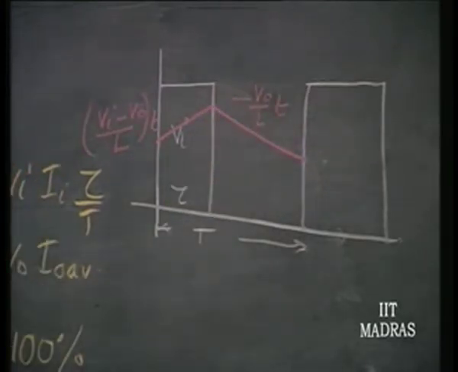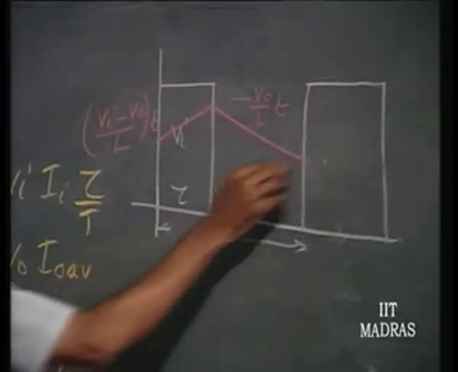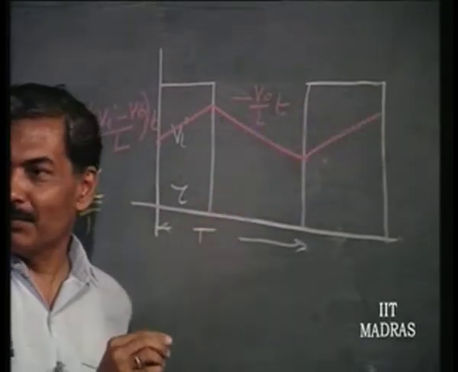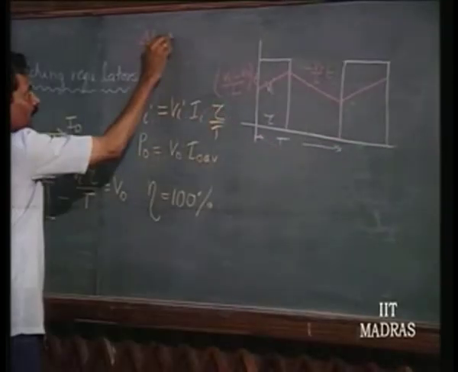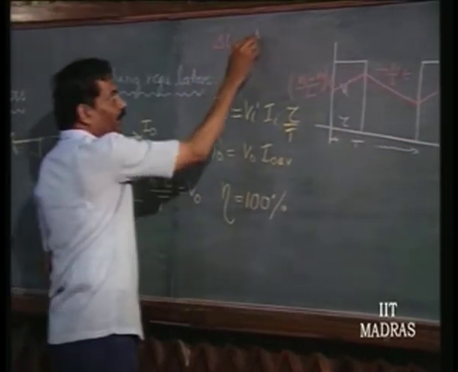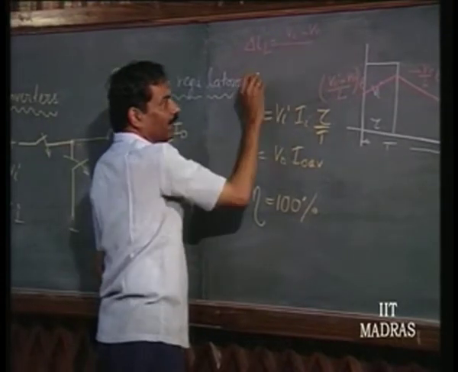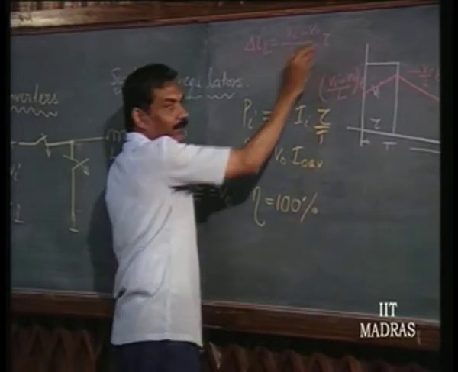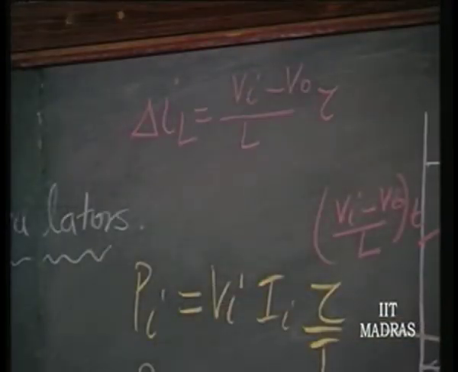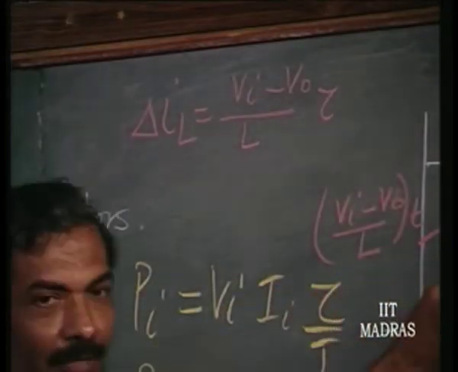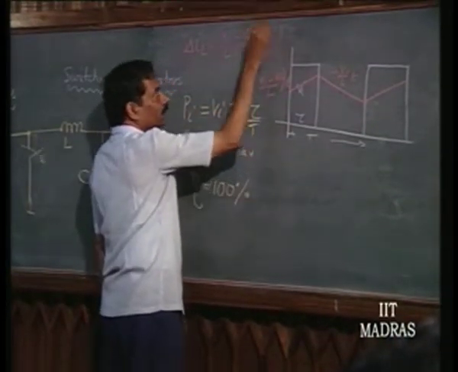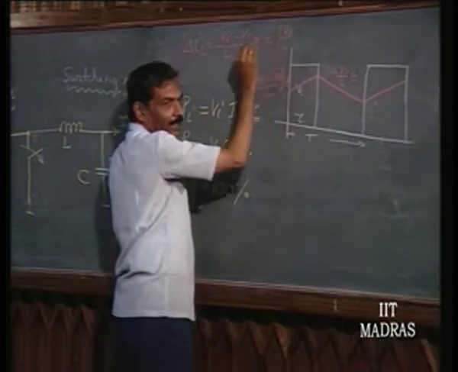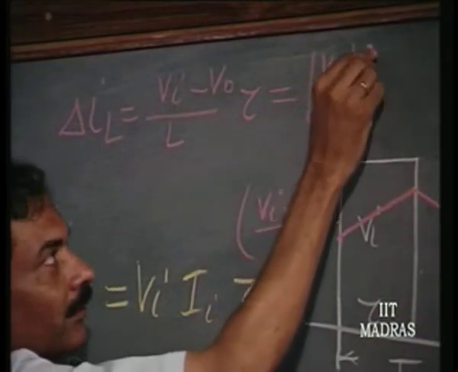The increase in current must be the same as the decrease in current, because after all again it is going to start, this is the steady state waveform, right. So, that means delta I L is going to be V I minus V naught by L into tau, correct, that is the increase within a time tau. So, that is going to be equal to V naught by L into T minus tau.